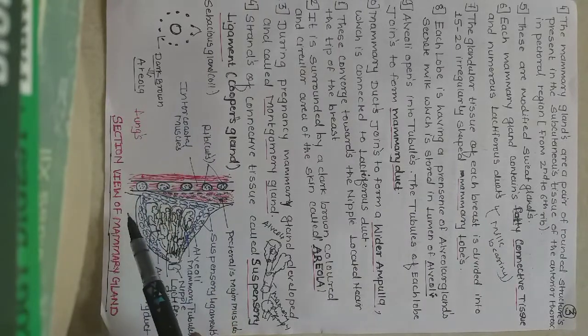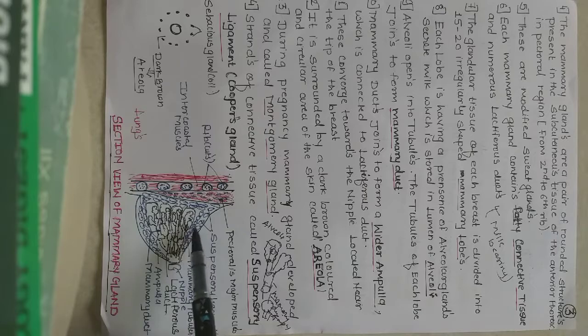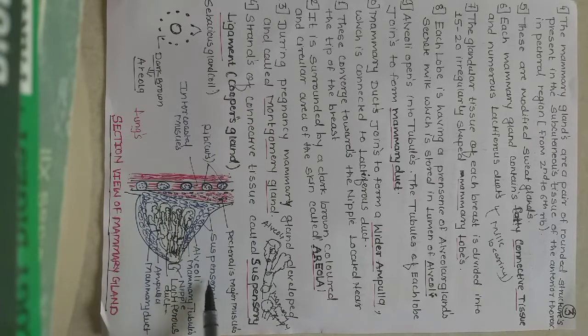This is the mammary gland, and at the side there are fatty tissues, which also have suspensory ligaments, and these are the alveoli. These alveoli open into the mammary tubules, and the tubules join to the mammary ducts, which open into the ampulla region. This is the swollen part, and the ampulla opens into the lactiferous duct. These lactiferous ducts are the milk-bearing ducts, and they open into the nipple region.